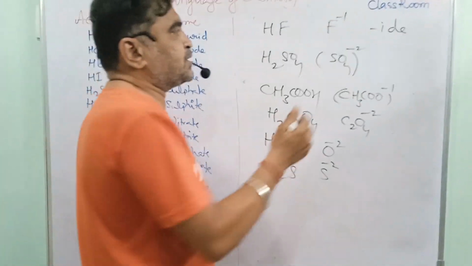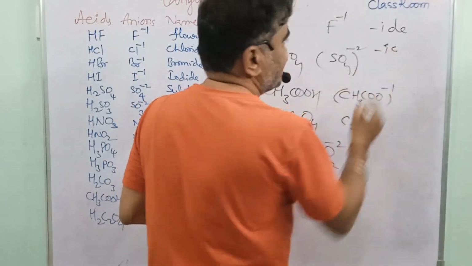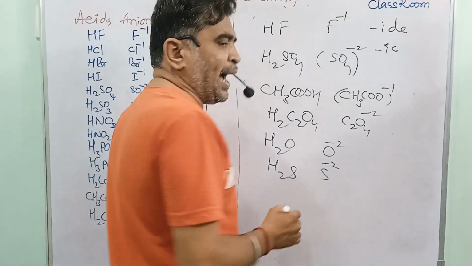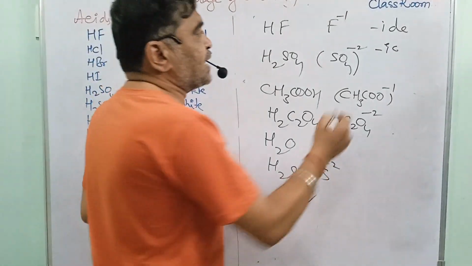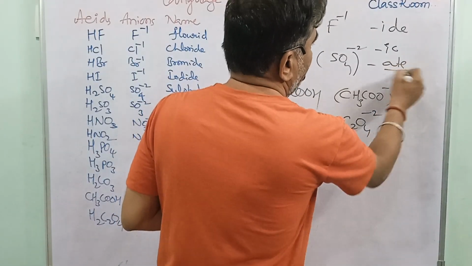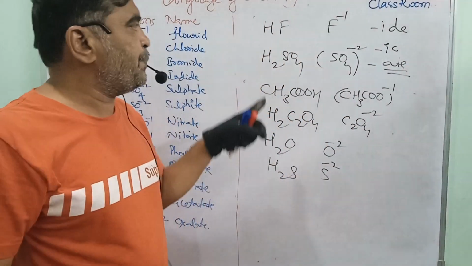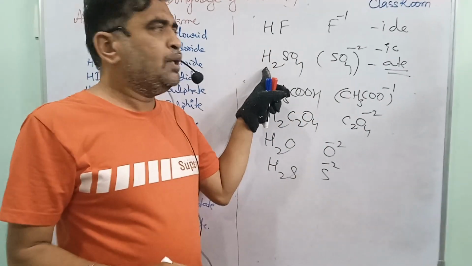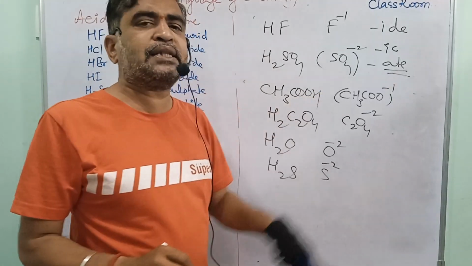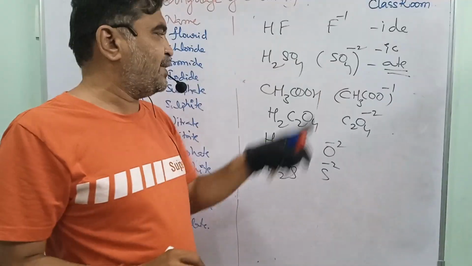If the acid ends with the ic sound, the anion ends with the ate sound. For example, sulfuric acid: the anion should end with the ate sound, so it is called sulfate.